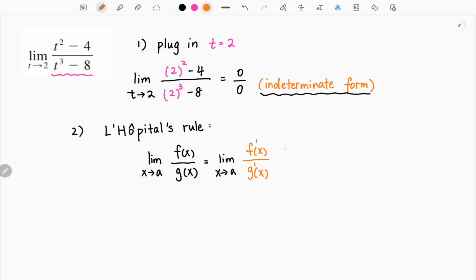One thing to notice here is that when you take the derivative, you want to take them separately instead of using a quotient rule. So let's use our question as an example.